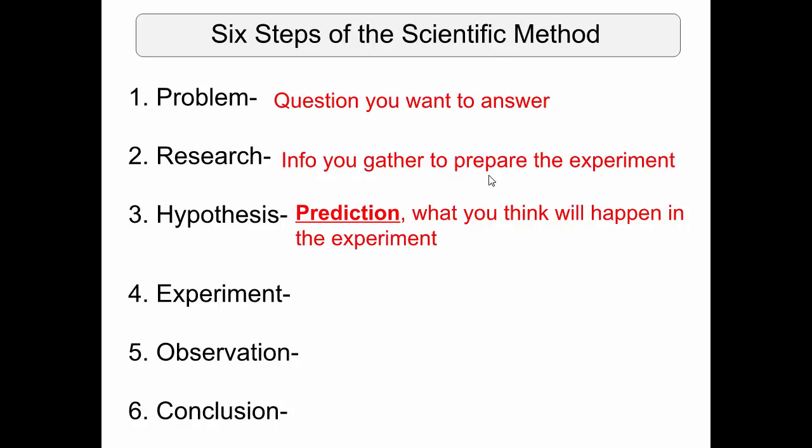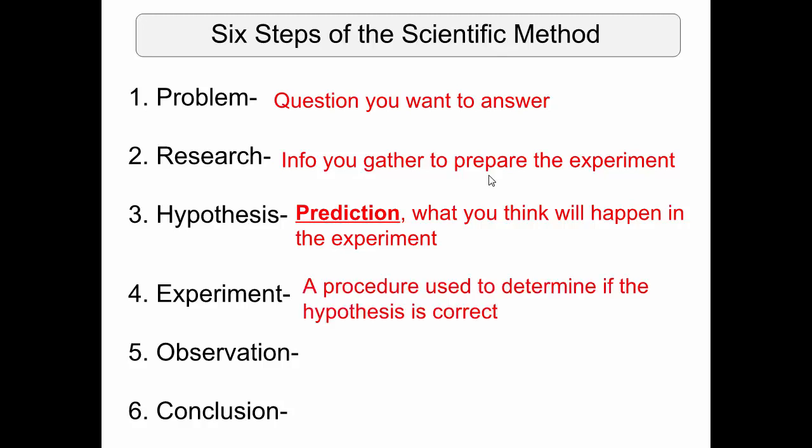You do an experiment. The next step. An experiment's purpose is to test your hypothesis. It's a procedure you set up to see, was my prediction correct or incorrect? Experiments test hypotheses.